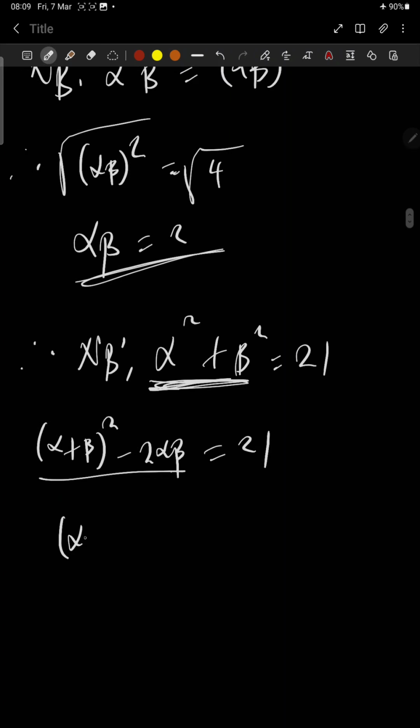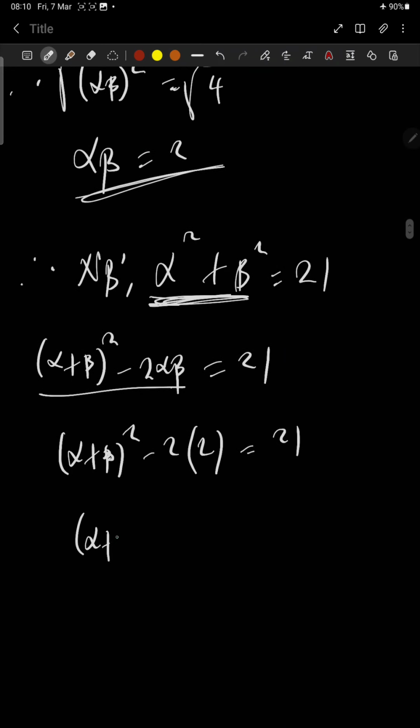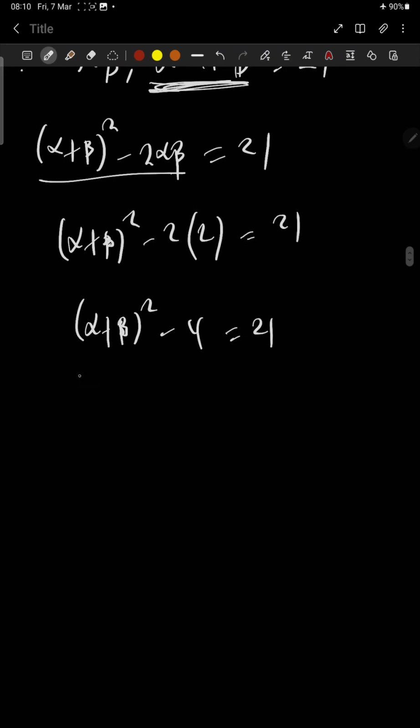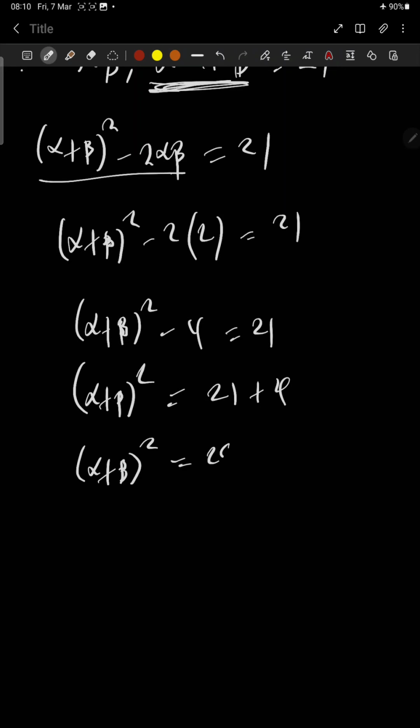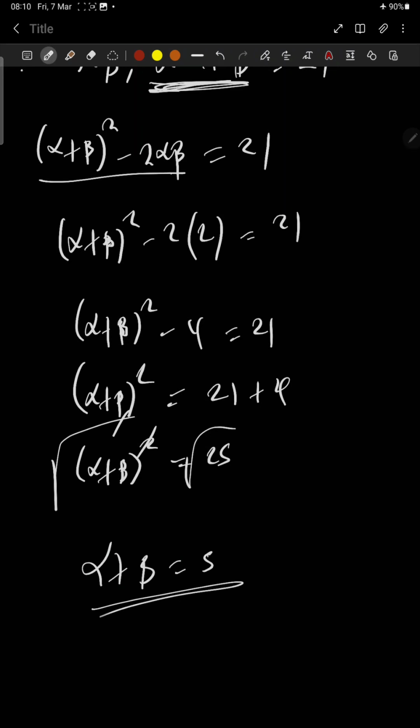I'm going to have (alpha plus beta) squared minus 2, where there is alpha beta, I'll replace 2, equal to 21. So (alpha plus beta) squared minus 4 is equal to 21. So (alpha plus beta) squared is equal to 21 plus 4, which is 25. Square root, meaning my alpha plus beta will be equal to 5.